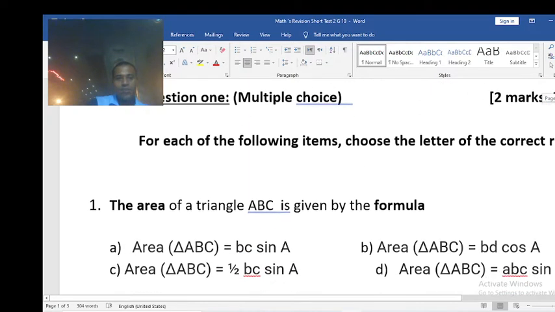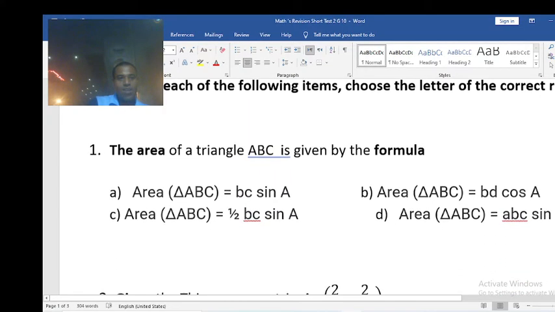The first question: the area of a triangle ABC is given by a formula. You already know this formula, we explained it in the classroom.